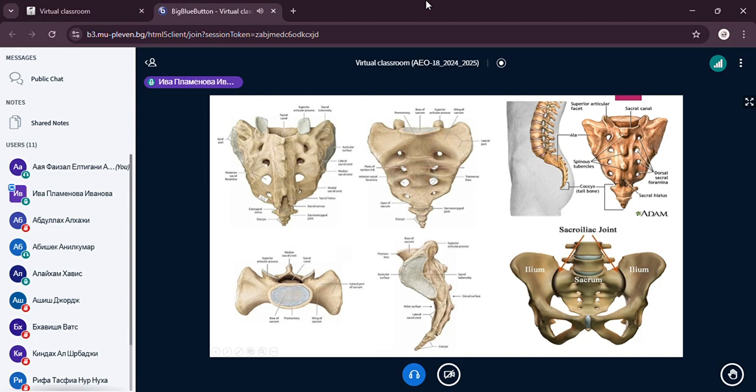This is actually the articular surface for the sacroiliac joint between the sacrum and the ilium. We have the same surface on the ilium, and they are connected and form the sacroiliac joint.